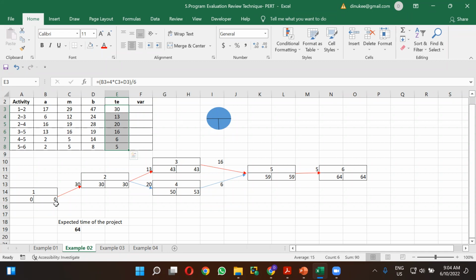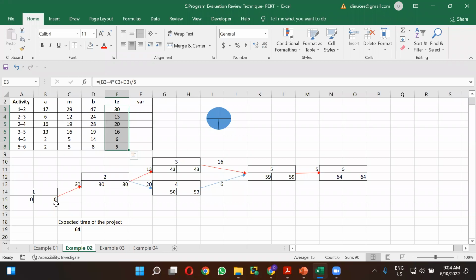Third one is calculate early start and late finish time. And the fourth step is find the critical activity. After finding the critical activity, you can take the summation of the critical activity durations and get the expected time of the project.